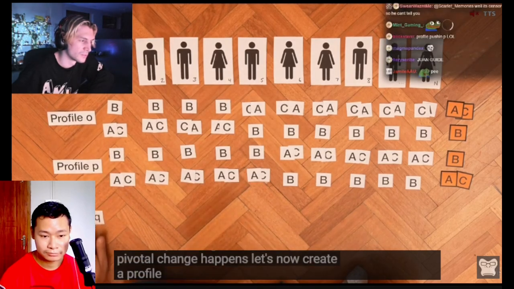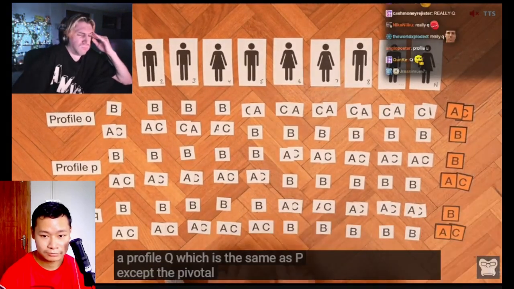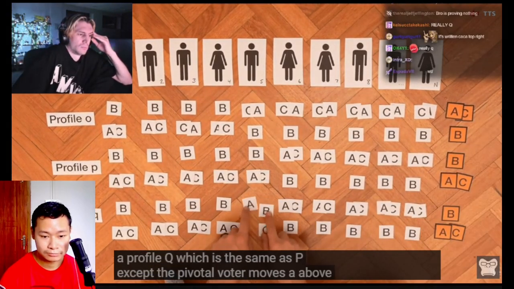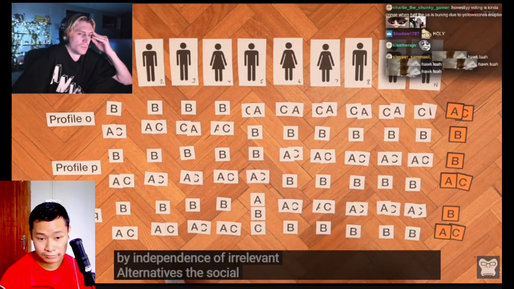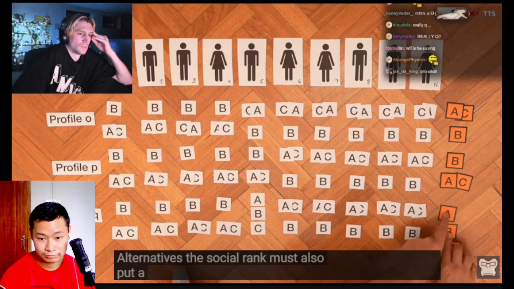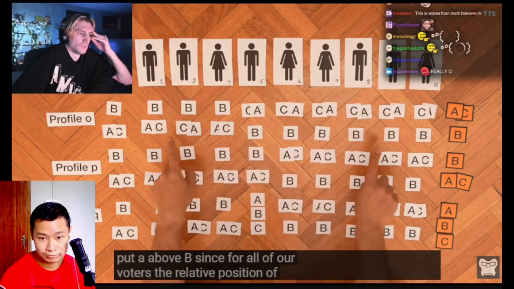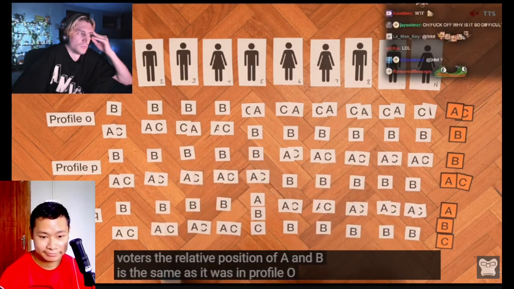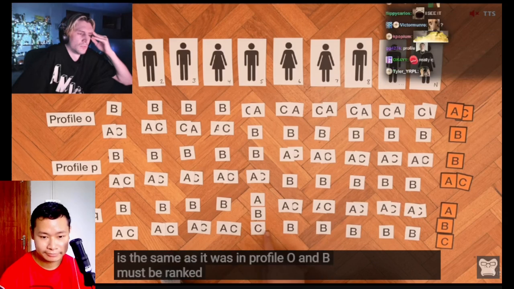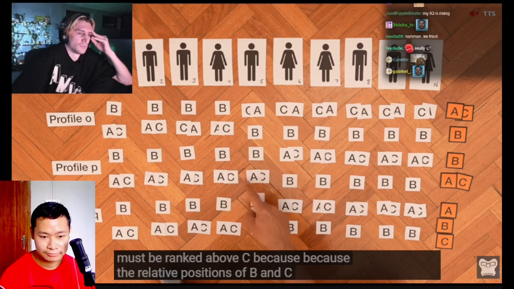Let's now create a profile Q, which is the same as P, except the pivotal voter moves A above B. By independence of irrelevant alternatives, the social rank must also put A above B, since for all of our voters, the relative position of A and B is the same as it was in profile O. And B must be ranked above C, because the relative positions of B and C are the same as they were in profile P.